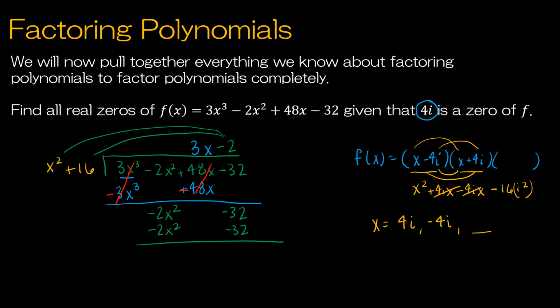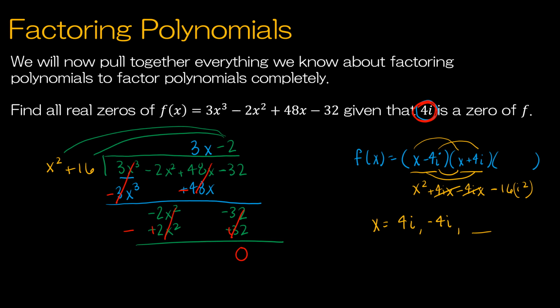And if I then subtract those, I would change the sign, and we see that everything cancels, and I get a remainder of 0. It's important to understand that you should have a remainder of 0, because we know that 4i and negative 4i are in fact already zeros. It makes sense that I wouldn't have anything left over.